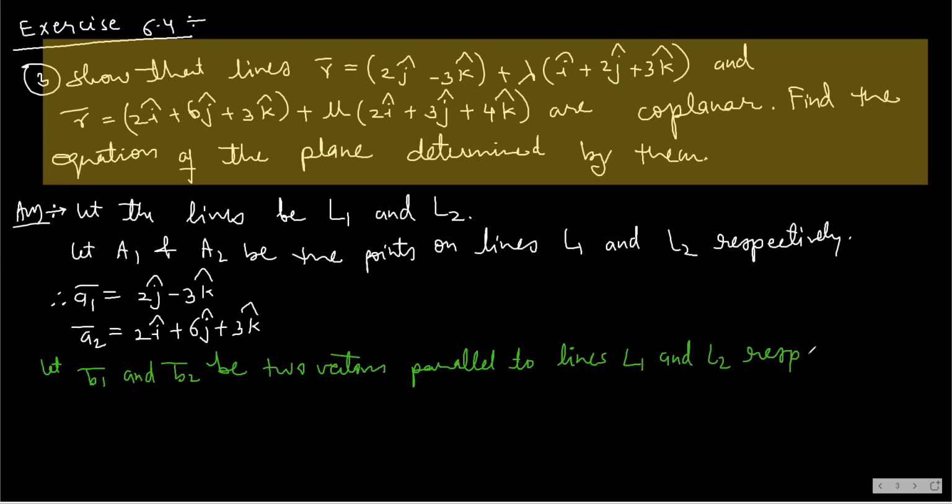That is, B1 bar is parallel to L1 and B2 bar is parallel to L2. So what is B1 bar? B1 bar is i cap plus 2j cap plus 3k cap, and B2 bar is 2i cap plus 3j cap plus 4k cap.